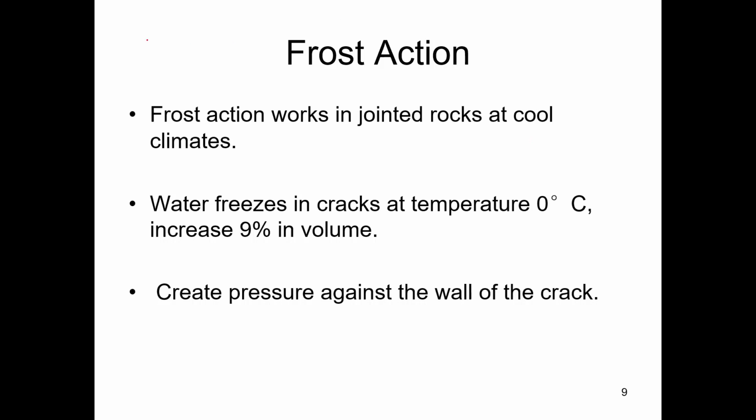Frost action is about when the rocks or the ground are normally in a temperate country. So we have the kind of place where the water is cold, or water is normally filling the jointed rocks and then freezes. What happens when this water freezes?